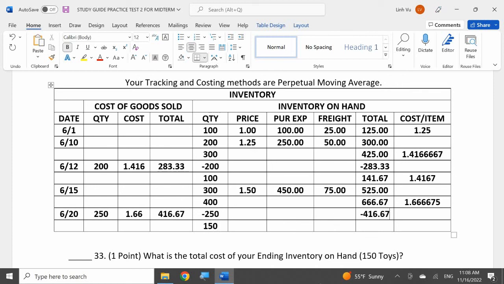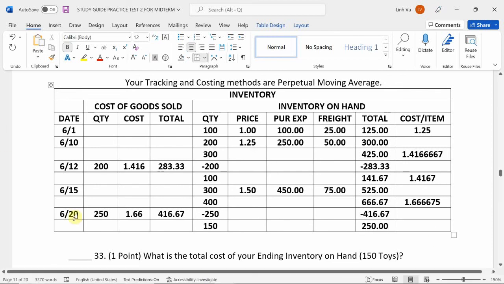Subtracting 416.67 should give you an ending balance of $250.